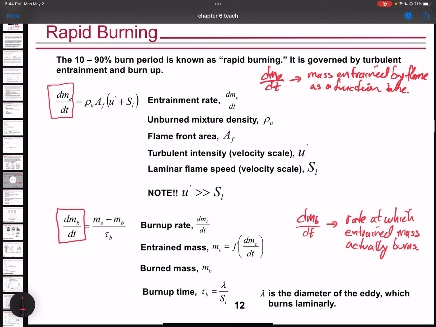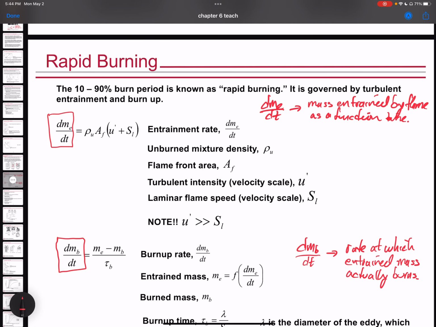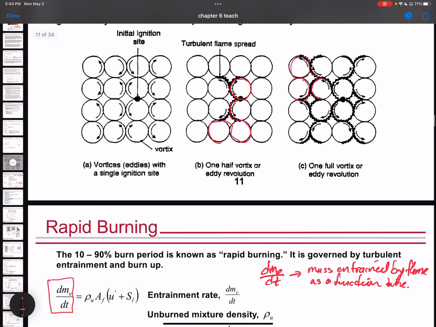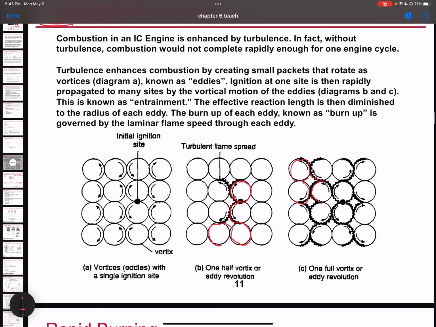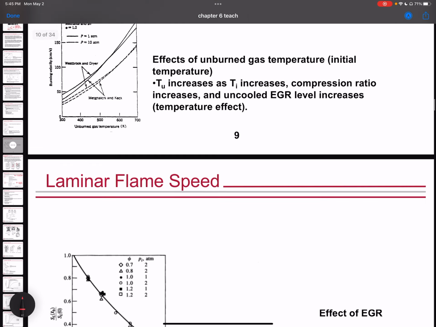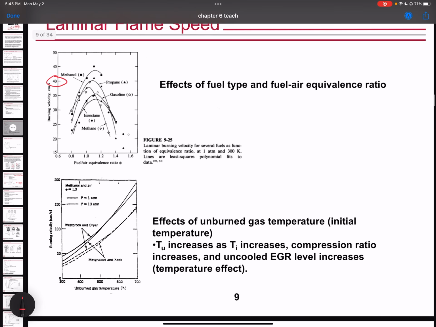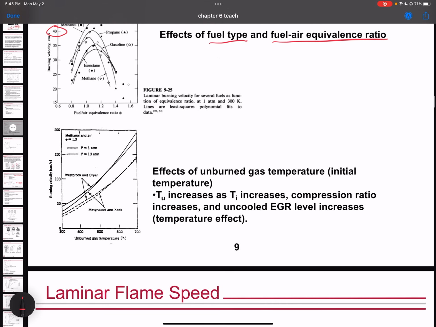But first, to diagnose the entrainment rate. Just like before, when we wanted to predict what was going to happen to the laminar flame speed, we looked at things like the effective fuel type and fuel-air equivalence ratio, the unburned gas temperature, and the unburned gas pressure.